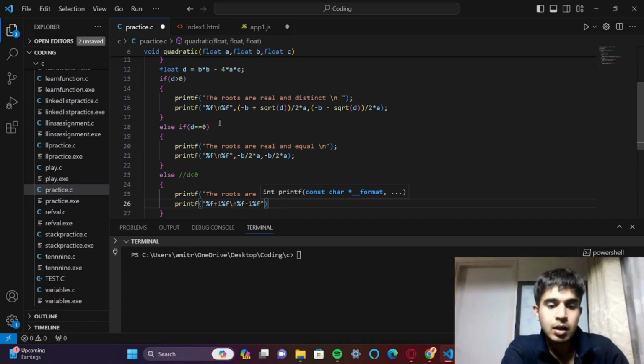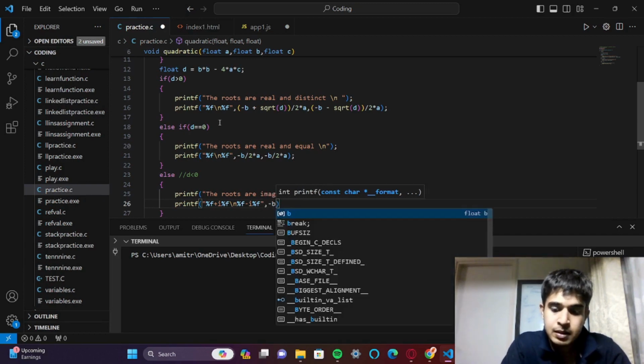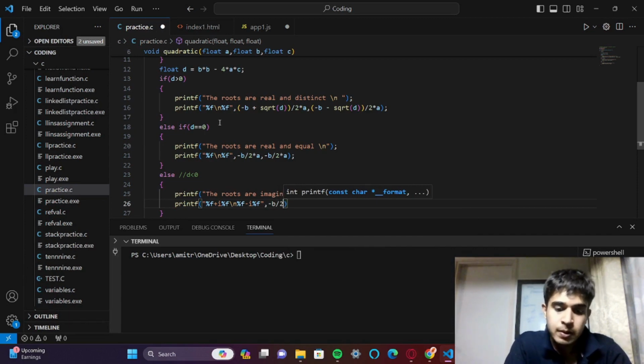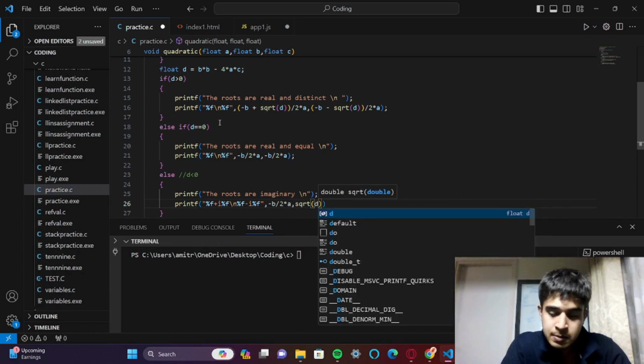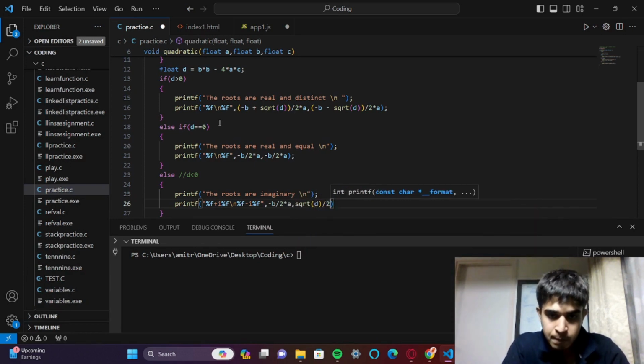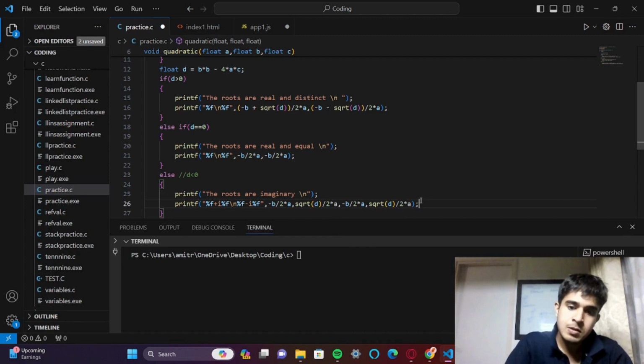This will be the conjugate of that, comma, minus b by 2a, comma, square root of d by 2a, comma, now I can simply copy paste this, Control C, Control V, and we've missed an a here, so a and a. So this takes care of the case where the discriminant is less than 0.